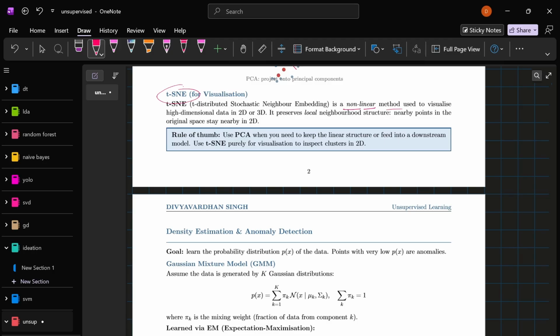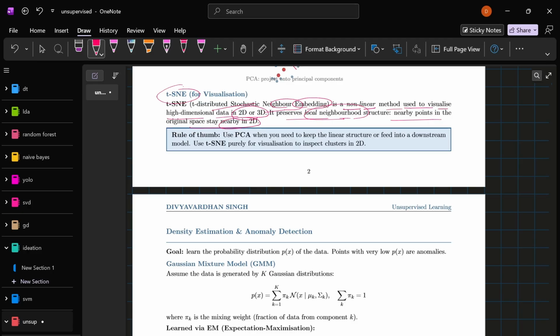For that we have t-SNE, the t-distributed Stochastic Neighbor Embedding. t-SNE is a non-linear method designed to take high-dimensional data and plot it into a 2D or 3D visualization. The key property is that it tries to keep neighboring points in the original space nearby in the 2D projection. It preserves local structure.